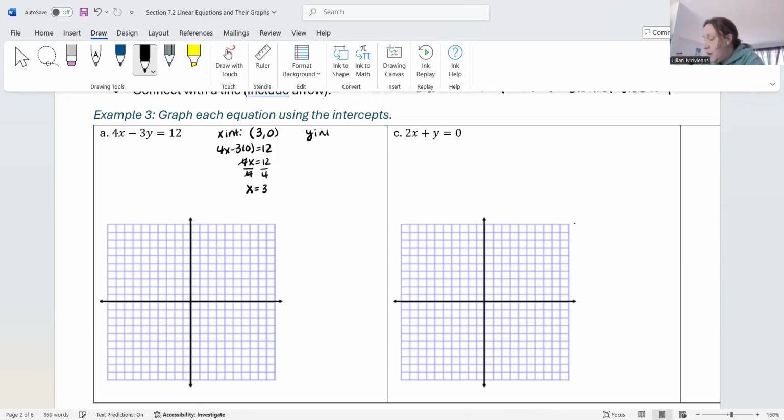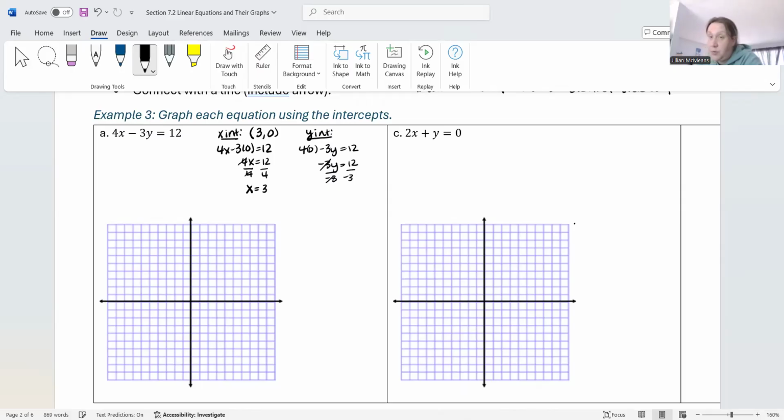Now we want to redo that whole process, but this time we find the y-intercept. So we let x equal 0 and solve for y. We get 4 times 0 minus 3y equals 12. 4 times 0 is 0, and 0 minus 3y is negative 3y. So negative 3 times y equals 12, and we want to undo the multiplication of negative 3 and y, so we divide both sides by negative 3.